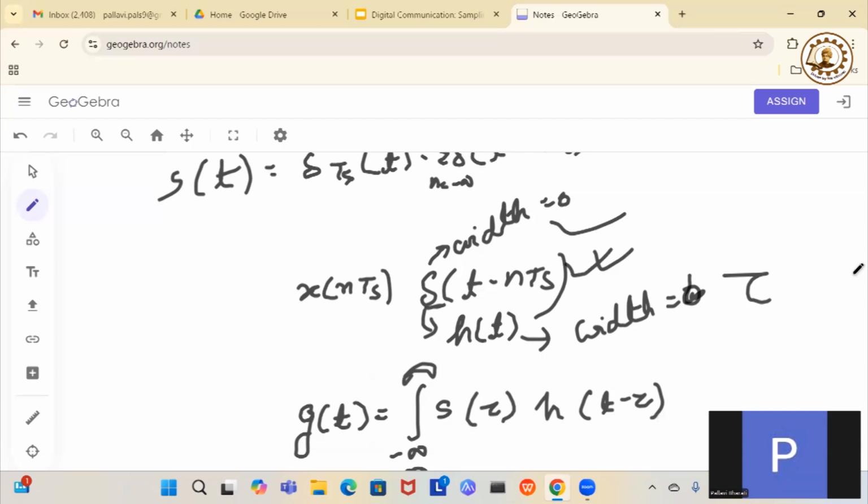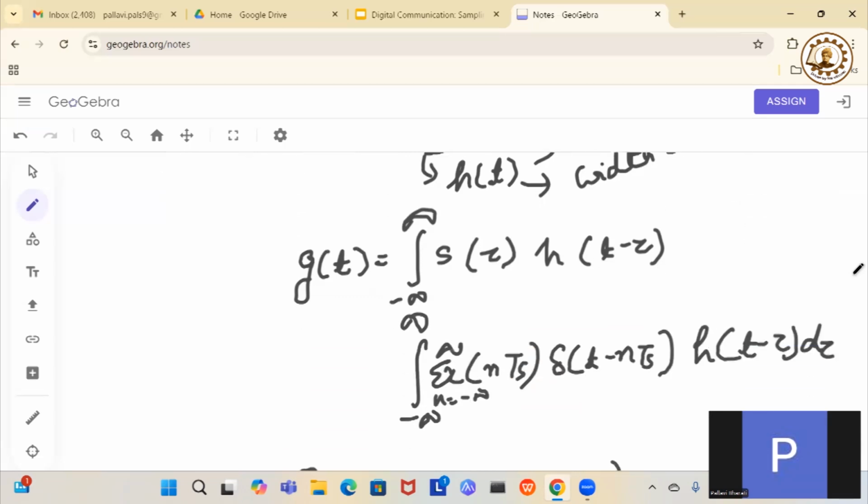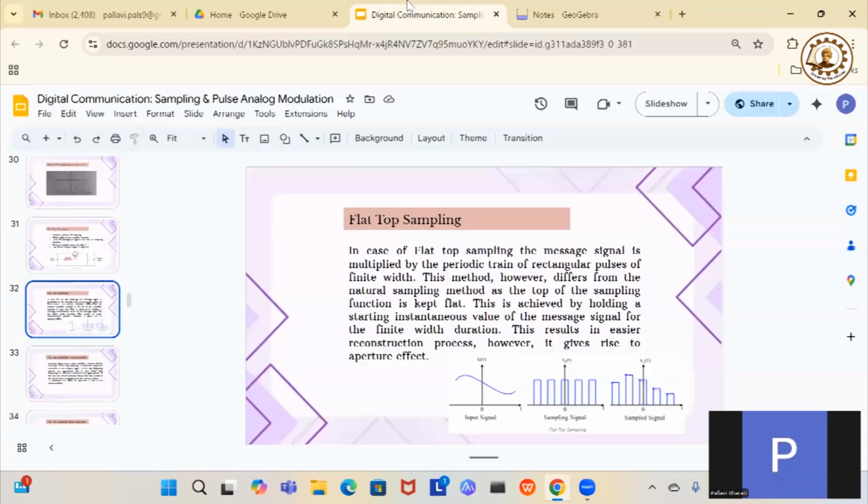For every instant, we are separating it. Now finally, the sampled signal is s_tau into h(t minus tau). s_tau was the message signal multiplied with the impulse with some width. Just the impulse is given a certain width. This is the process that has been taken for explaining flat top.